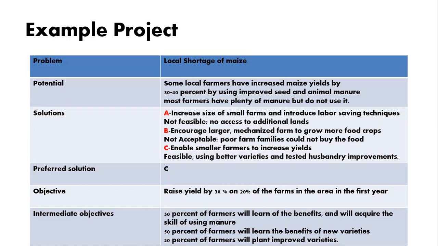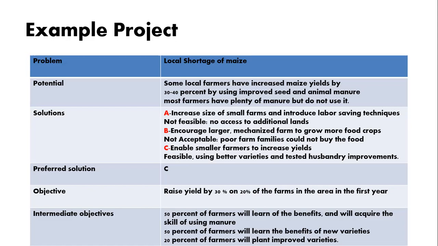Option C, enable small farmers to increase yield at a feasible price using better varieties and tested animal husbandry improvements. From these solutions, solution C is the most preferred solution. And then we can define objectives.